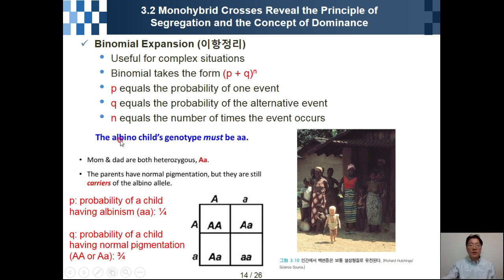So the mom and dad, this is albino. Albino genotype must be small a, small a. Okay, like this. This is albino. Mom and dad are both heterozygous. So mom is large A, small a, and dad is also large A, small a.